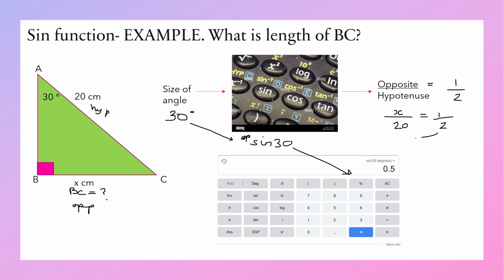Well, if I go times by 10, x is equal to 10 centimeters. So in other words, what this ratio is saying is that for a 30-degree angle, my hypotenuse is double my opposite side.